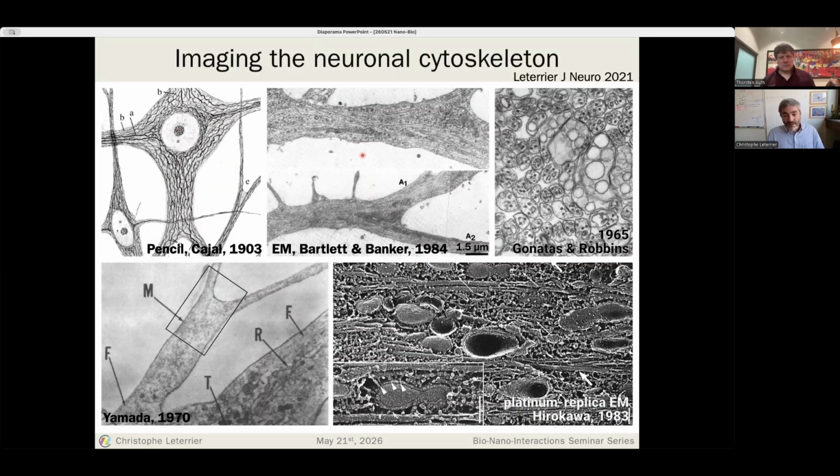But after that, electron microscopy in the second half of the 20th century was used to define the different structures, such as the microtubules or the actin, and different types of EM would give you different types of details about the structures. But the thing is that this does not identify them at the molecular level. You see structure, but you are not sure what they are.